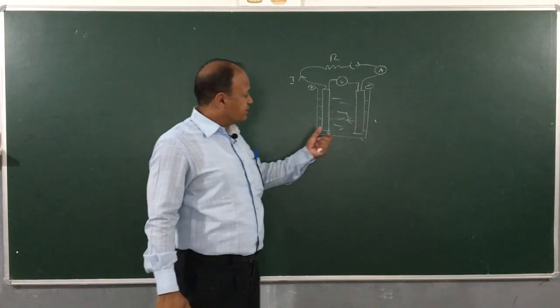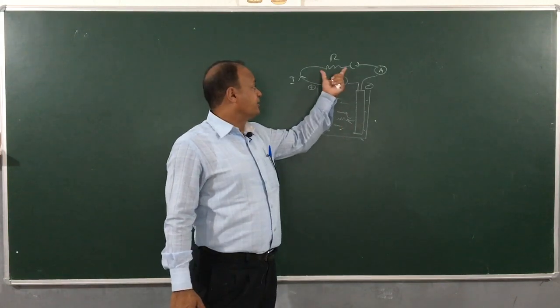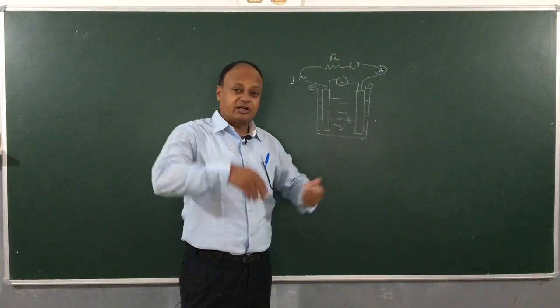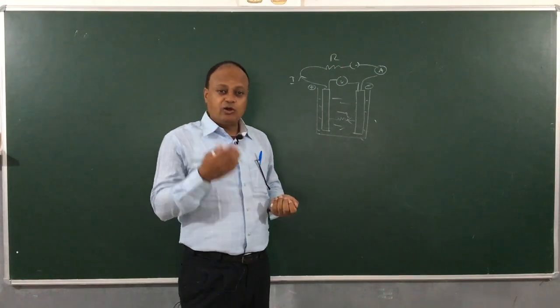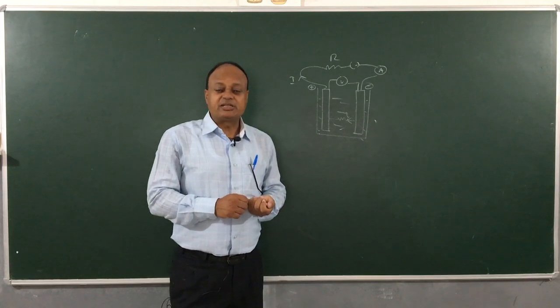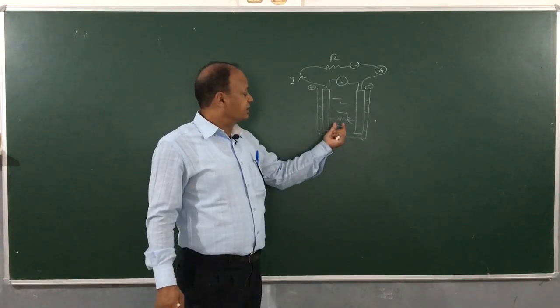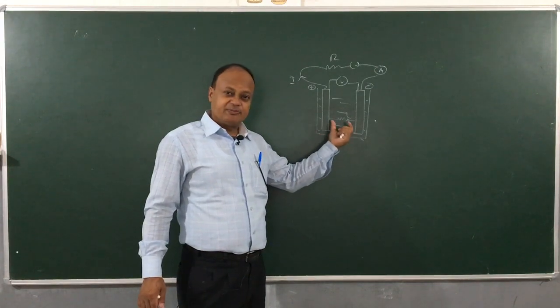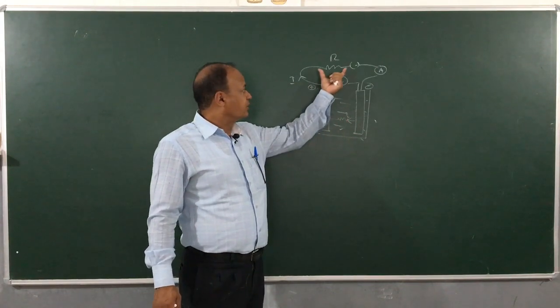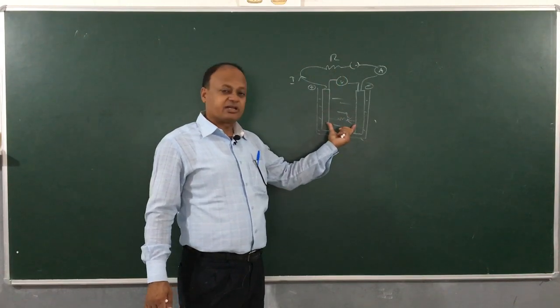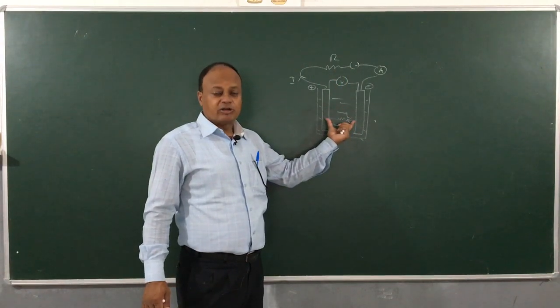Now when we talk about establishing a relation between terminal potential difference and the EMF, then we have to ask ourselves how is the energy spent by the cell being used up. The answer is the energy spent by the cell is being used up for driving the charges across the resistance and for driving them through the what?